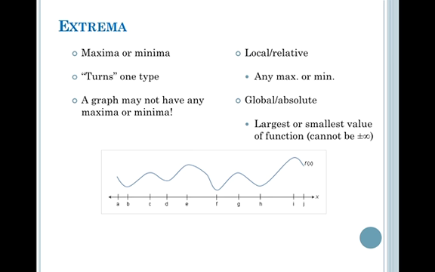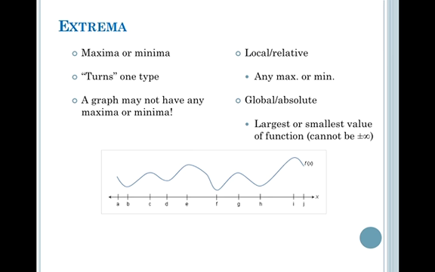So let's look at an example. So here we have some polynomial function, and it looks like it stops at the end. Let's just look at each x value and try to describe whether we have a local max, a local min, or an absolute max or min. So if we look at when x is a, that value is larger than the other values to the right of it.